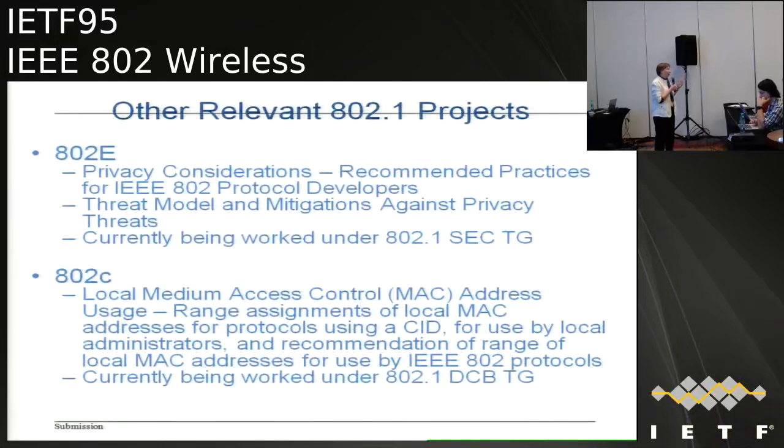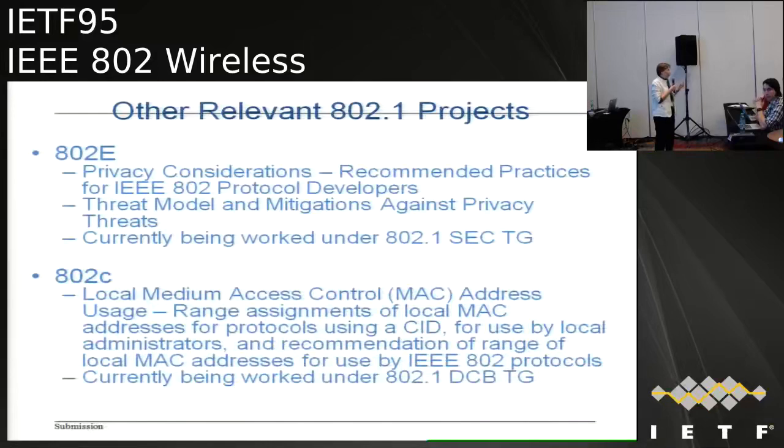They're really distinct. So for the probing mechanisms, one of the items that 11ai introduces is a requirement on a station that, if it has seen a probe response from an access point directed to a different station, it not query for the same information.